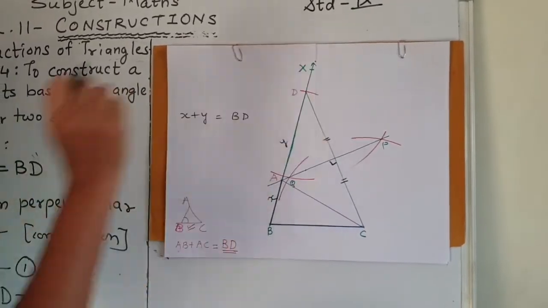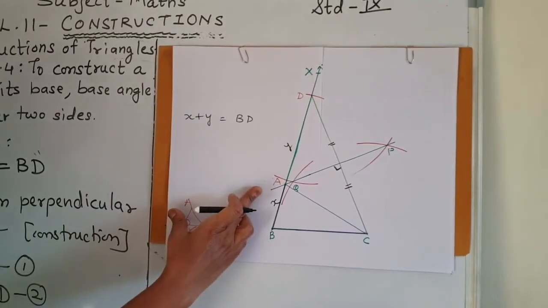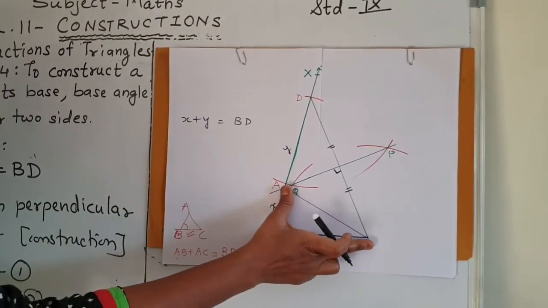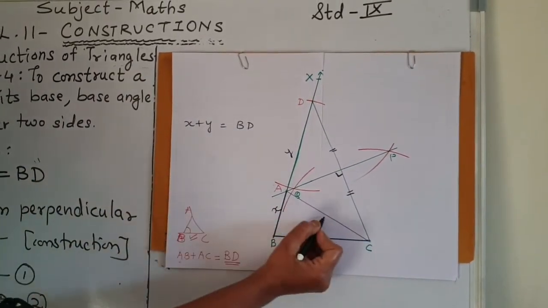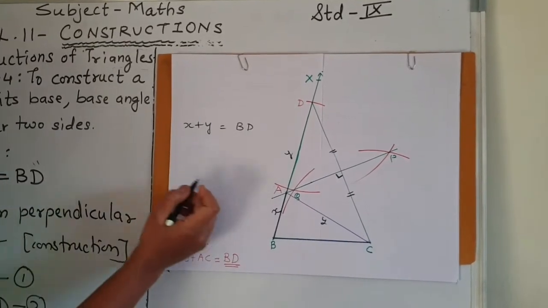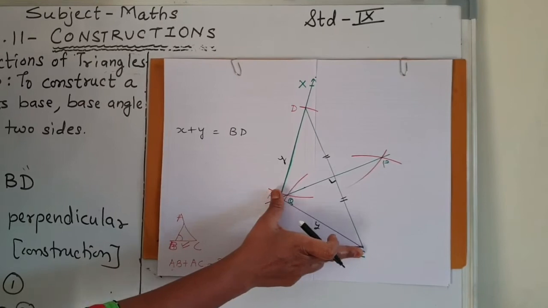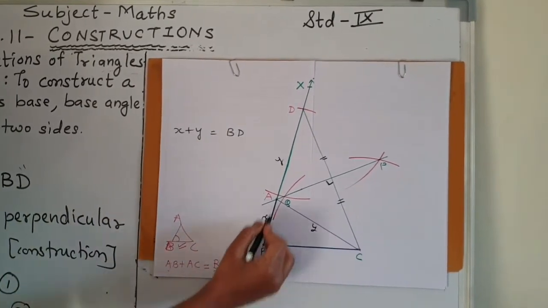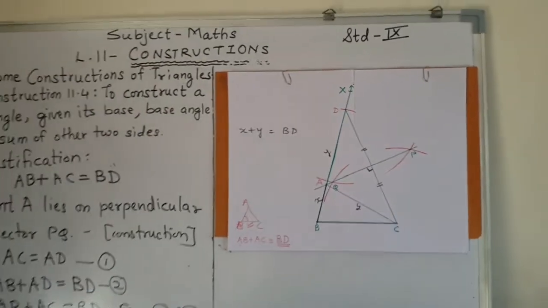A is lying on the perpendicular bisector, so this distance is equal to that distance. It means here also we get AC as Y, and that is why finally AB plus AC is equal to BD. This is how we proved it.